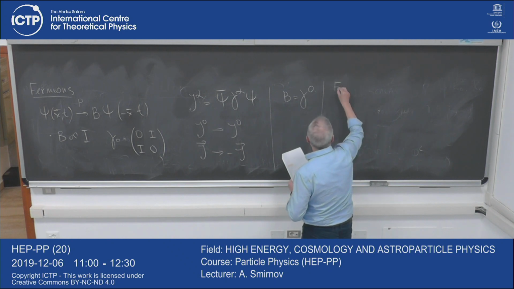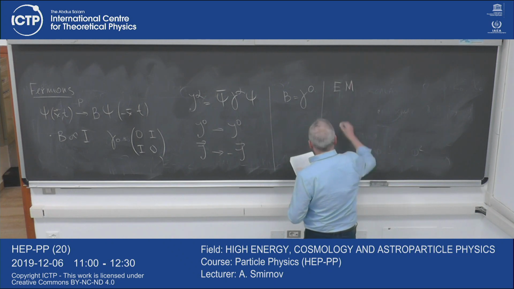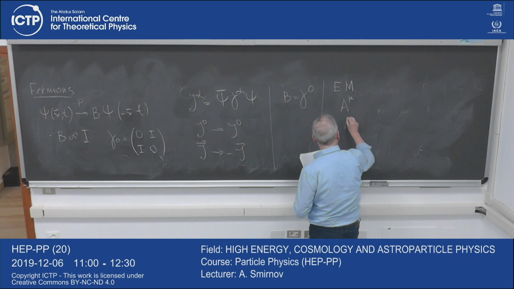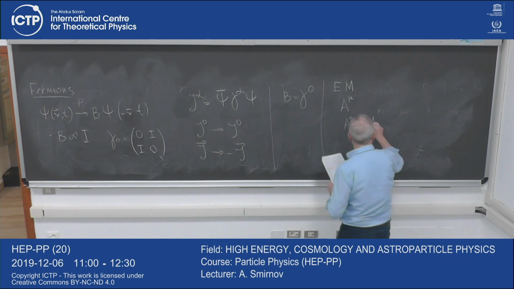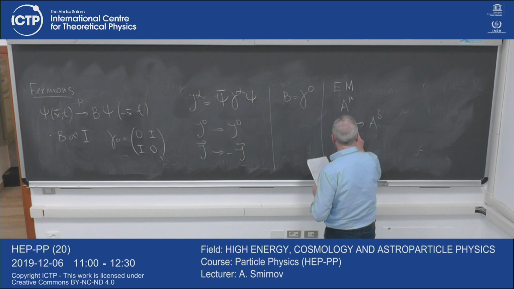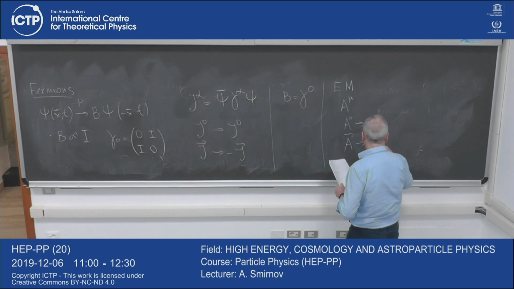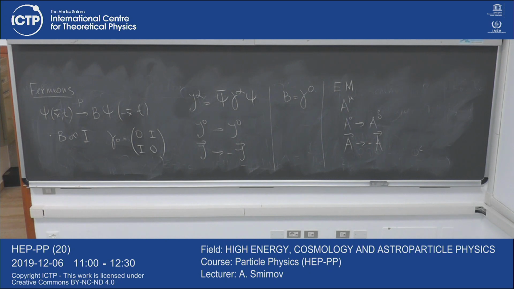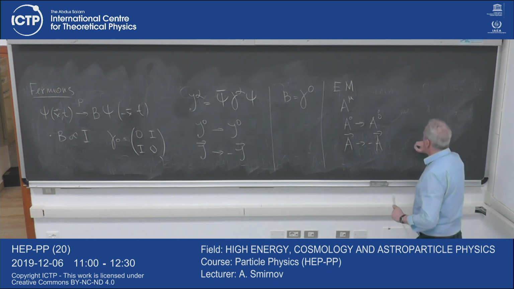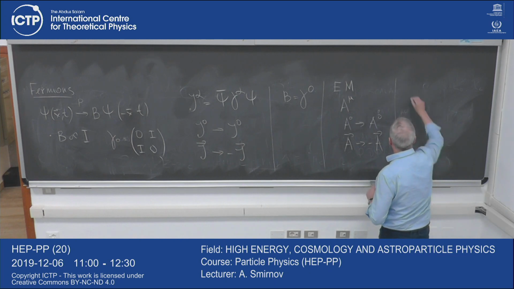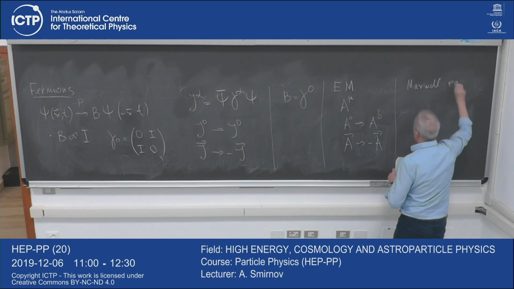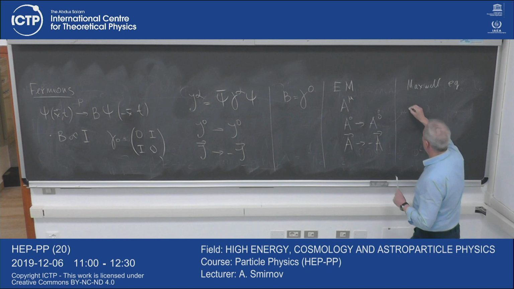Now for the electromagnetic field, it's again a 4-vector, and therefore for the electromagnetic field A0 doesn't change the sign, and other components change the sign. And we say that actually the parity of the photon is minus. Now we can check invariance of the Maxwell equation, which is the equation of motion for the vector field.